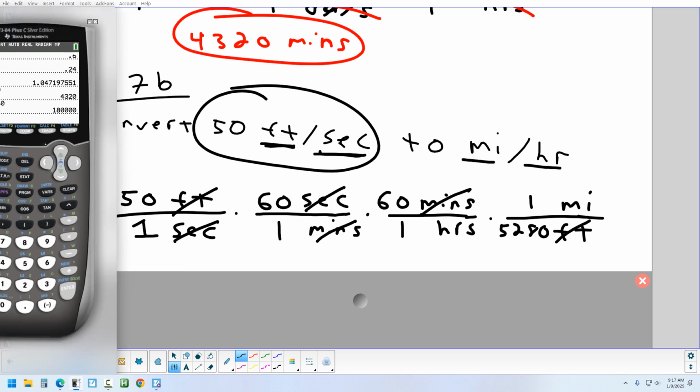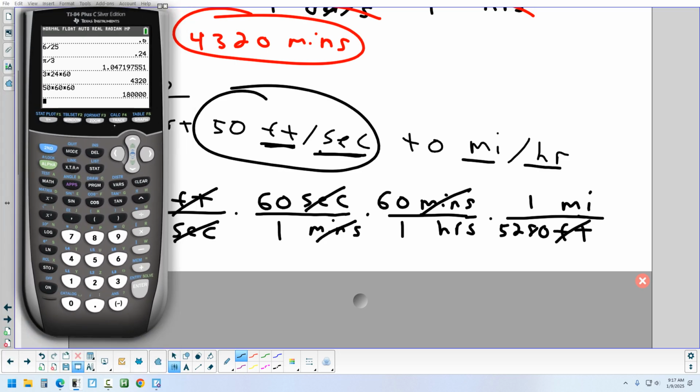But if there were other numbers here that weren't ones, I would do it like this. 1 times 1 times 1 times 5,280. That's how I would type in all the numbers in the bottom. I don't need to type in the ones. I'm just showing you how to do it. Okay. The parentheses there would be important. So it ends up as 34.09.